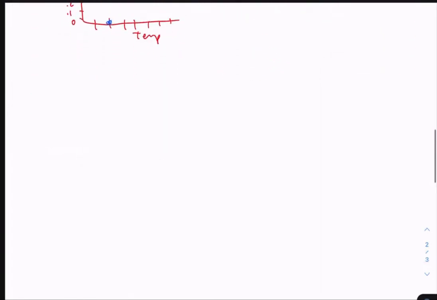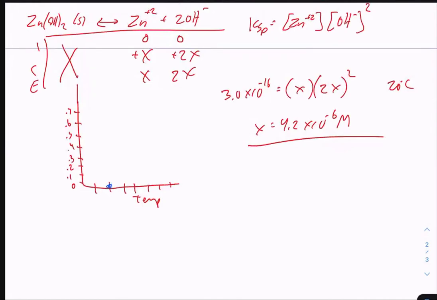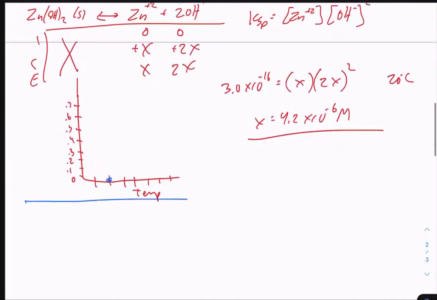Okay, let's work out another problem. We will continue to use zinc hydroxide because we already have the KSP value here. I'm going to mix 2 solutions together. I got a test tube.